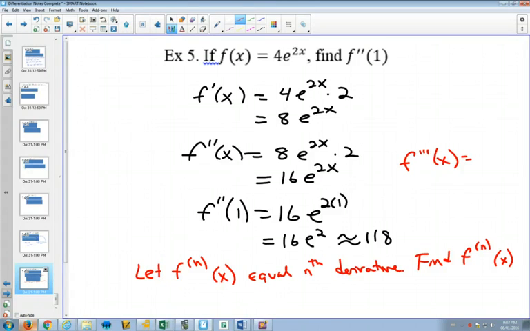Everything's going to stay the same, and then when you do the chain rule, it's going to become 32 e to the 2x. So what's happening to our first numbers? They're doubling. And if they're doubling, what unit is that from?